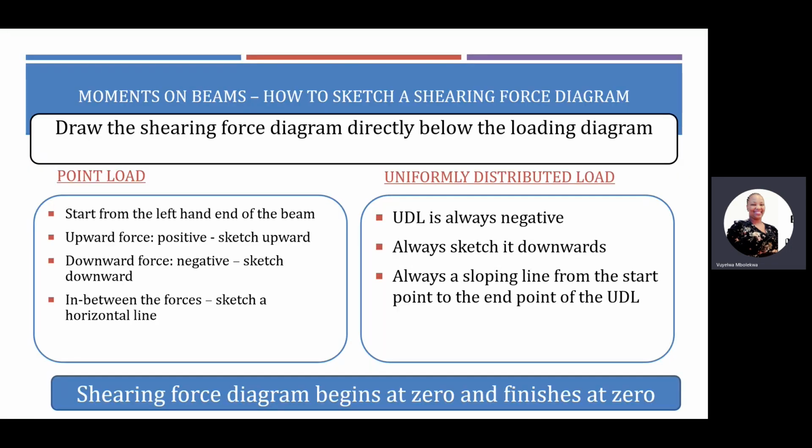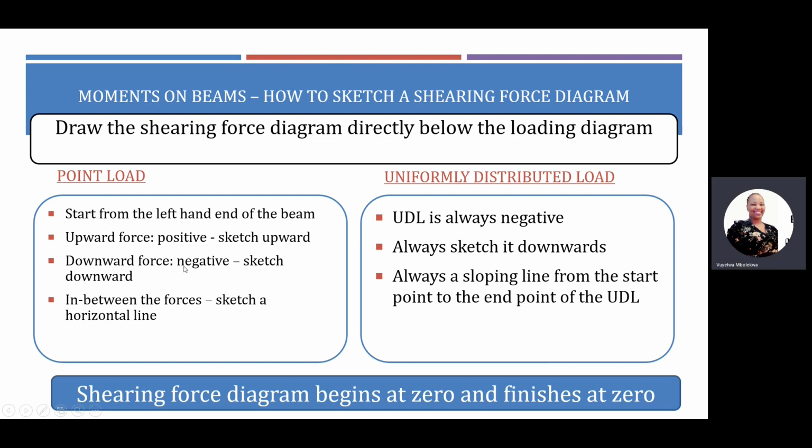First of all, the shear force diagram is the same size as the loaded diagram, the loading diagram, the beam with forces. It's a closed diagram. It starts at 0 and it finishes at 0. How do you sketch a point load? You always start from the left hand of the beam and you go towards the right end.